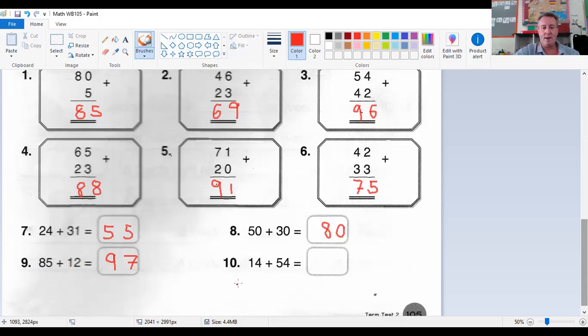And our last one, number 10. 4 plus 4 is 8, isn't it?